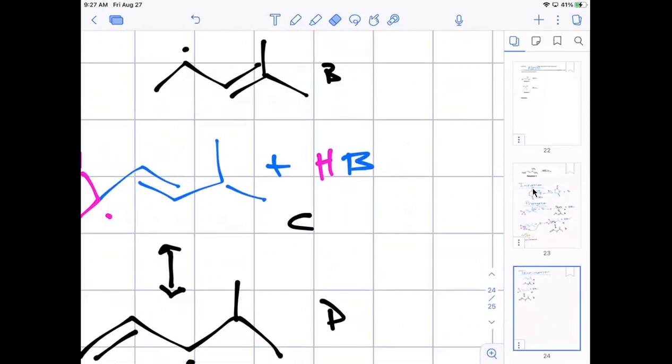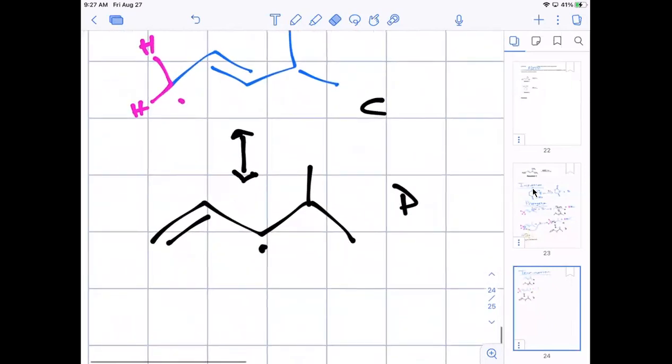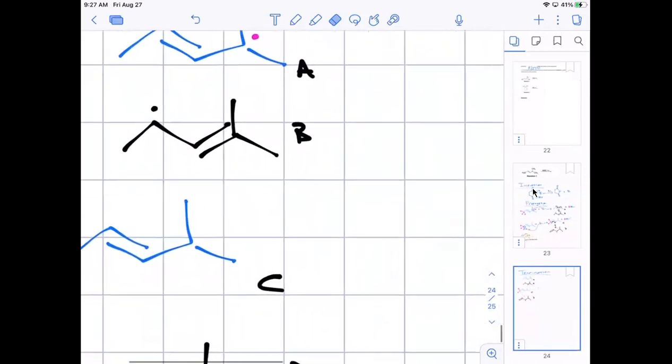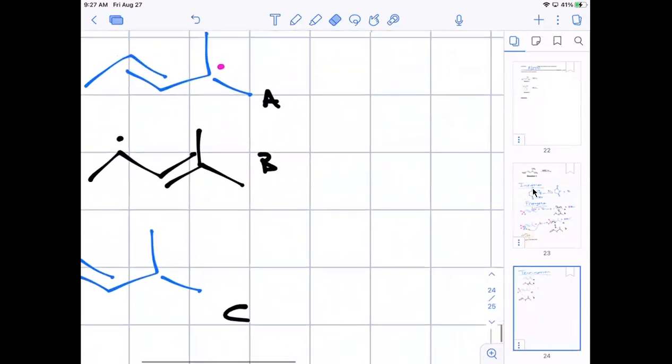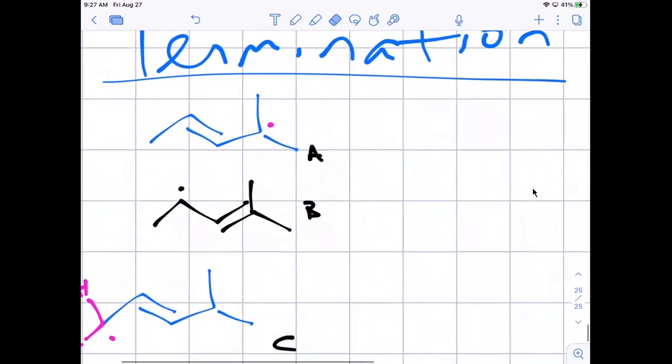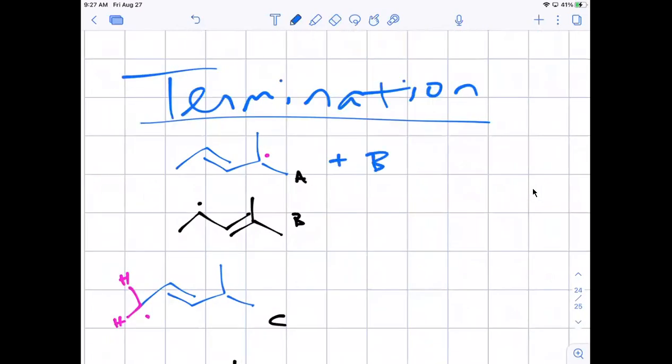And let me say this too, because this is a common error with this reaction. In the termination step, when you're trying to terminate a radical, you need another radical. You need to combine it with another radical. So we need to combine this with bromine, not HBr.